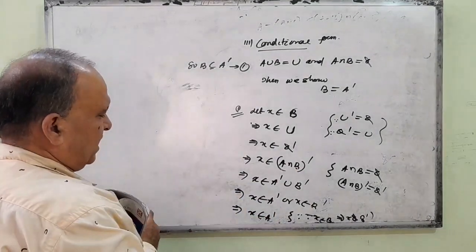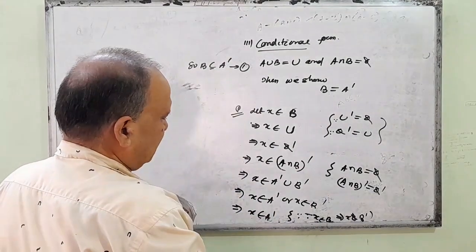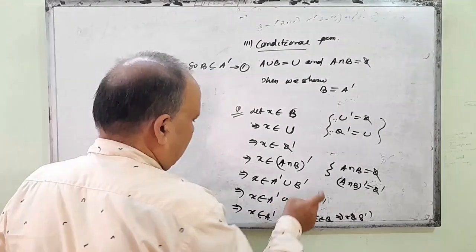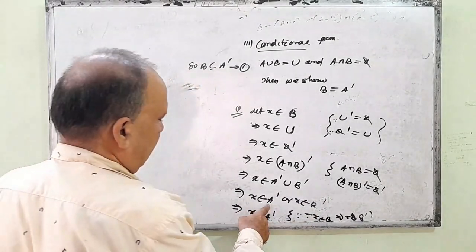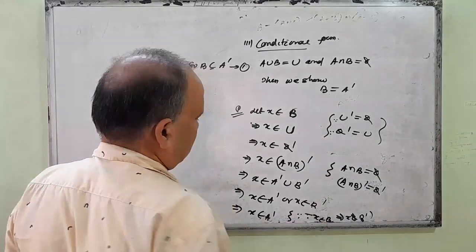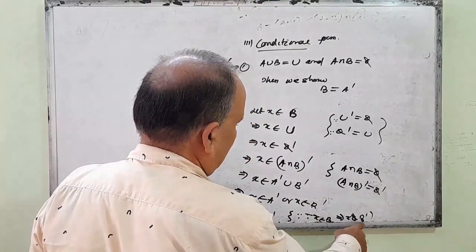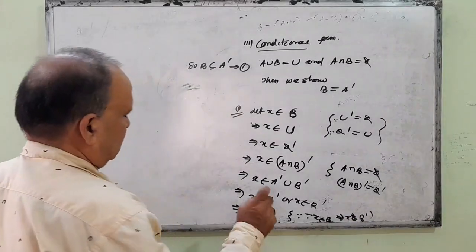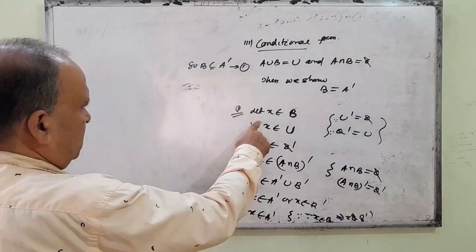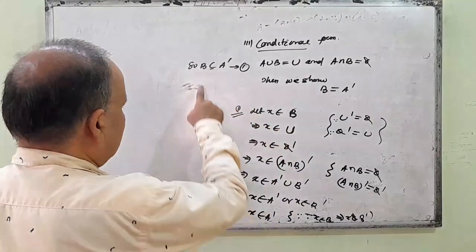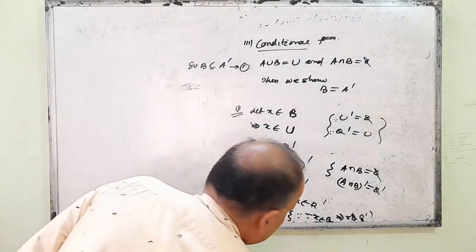This implies x belongs to A dash union B dash from De Morgan's law. This implies x belongs to A dash or x belongs to B dash. Since x belongs to B, x does not belong to B dash, so x belongs to A dash. So x belongs to B means x belongs to A dash, so B is a subset of A dash.